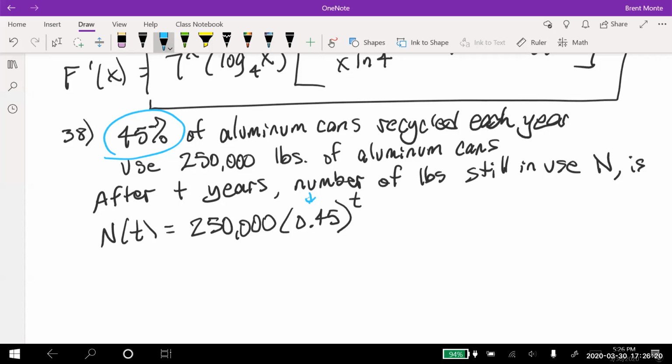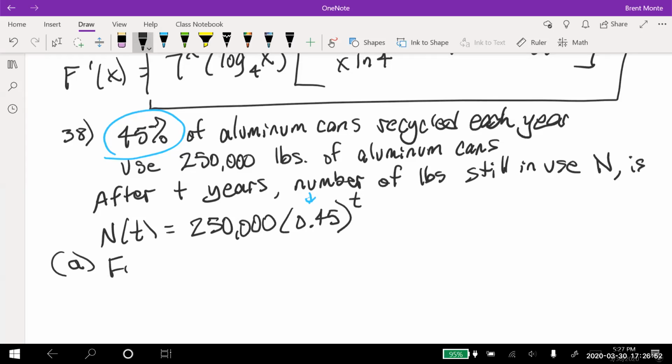Now, the bad part about this as opposed to using e is that it's going to be a slightly worse derivative because I have to attach that times ln of 0.45, which is, again, irrational. So it makes the derivative a little bit worse, but it was very easy to build the function. Okay, and they had already built the function for us. We didn't have to do it, but their first question says, find N prime of t.